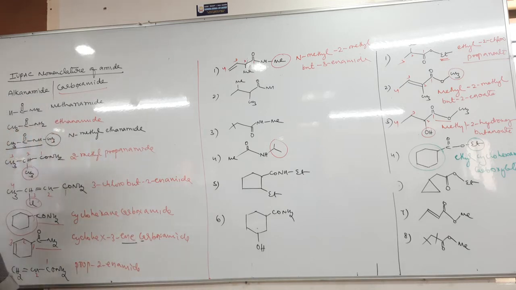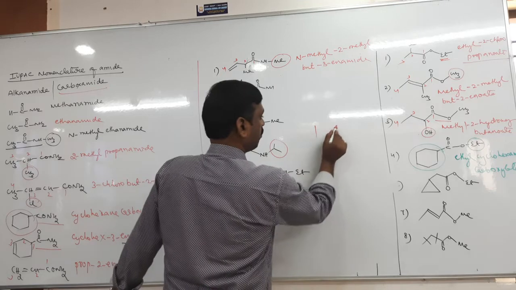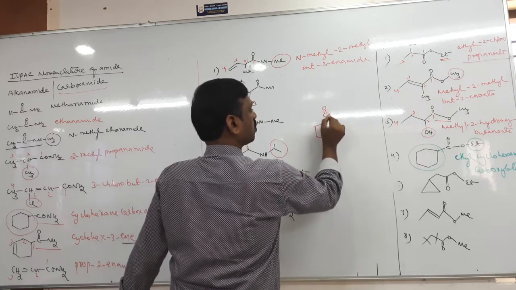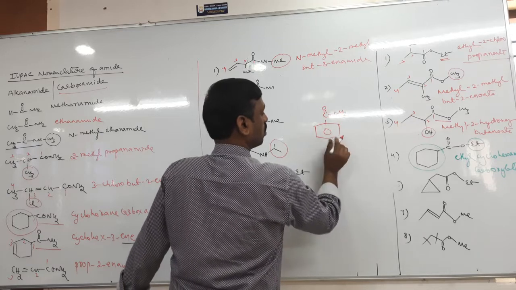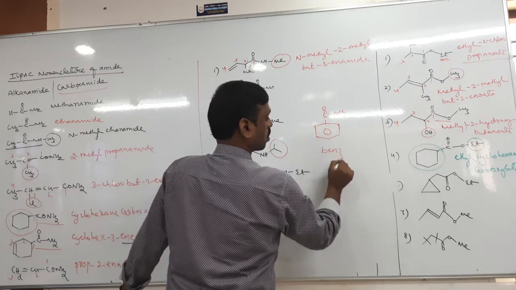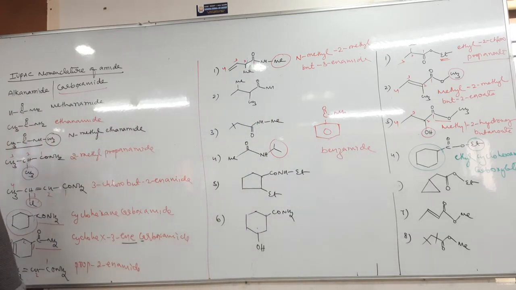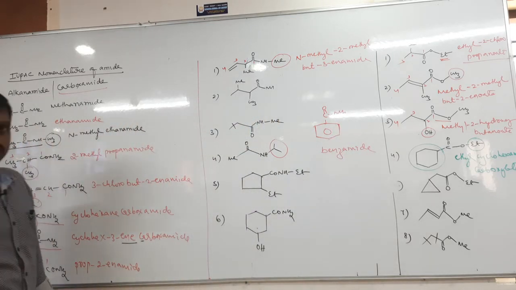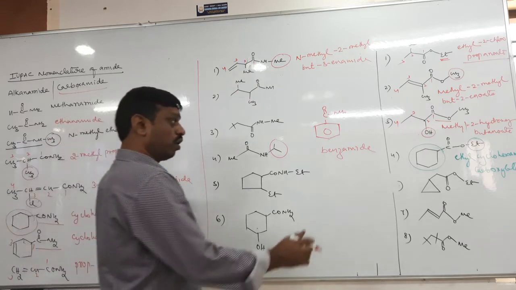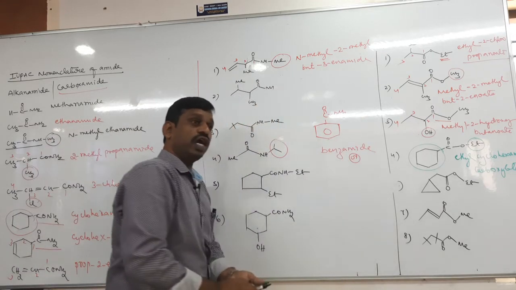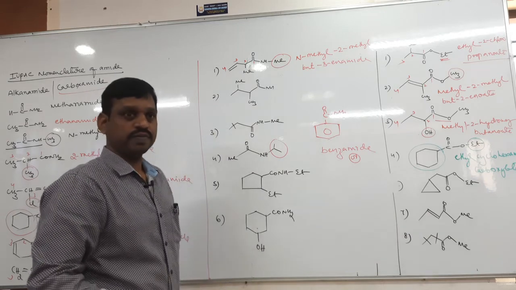If the benzene is having an amide group, it is benzamide. That is the common name, but what actually is the IUPAC name?